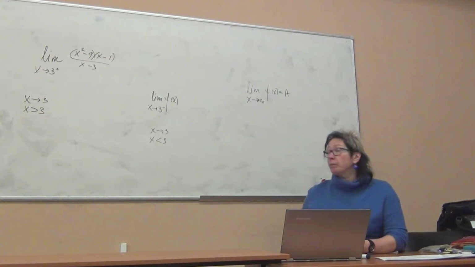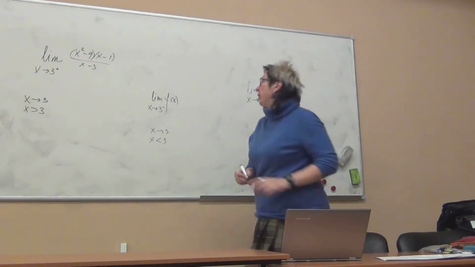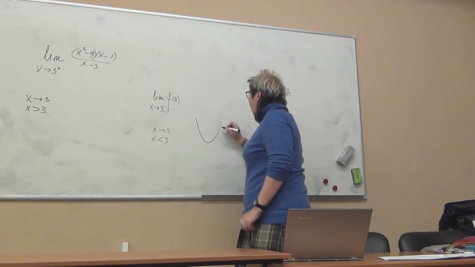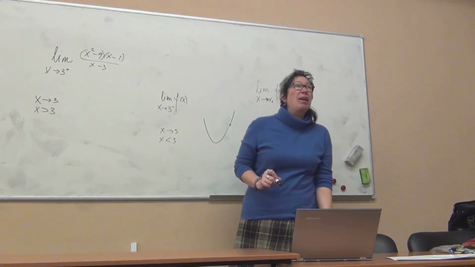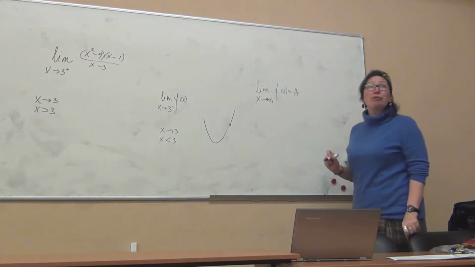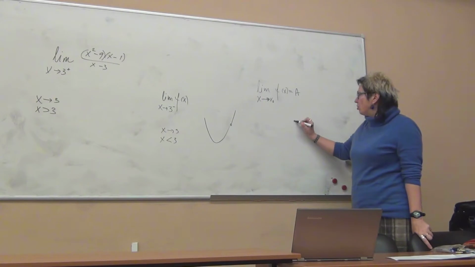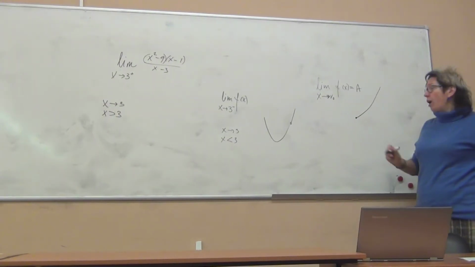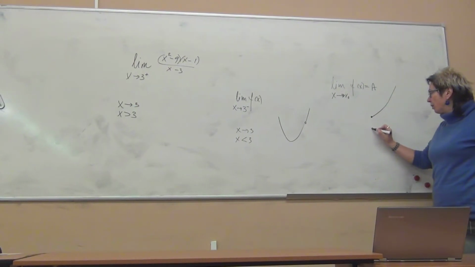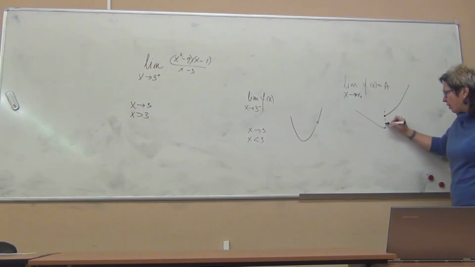Or sometimes it might be defined but different. For instance, remember those piecewise defined functions that we described last time. One part of this graph goes there, and the other one goes somehow differently at this point.